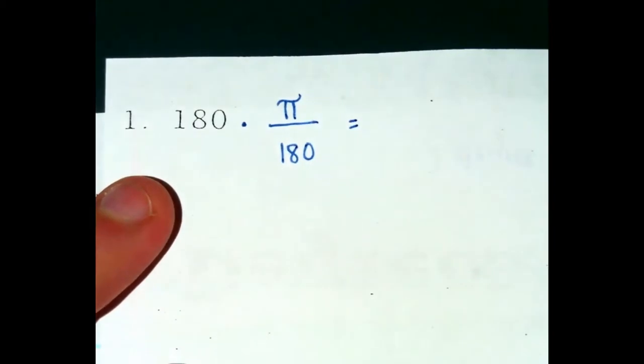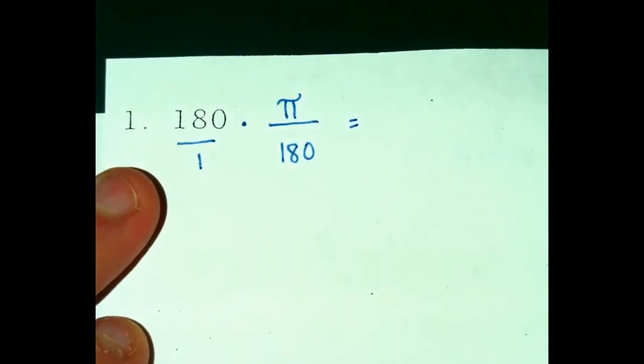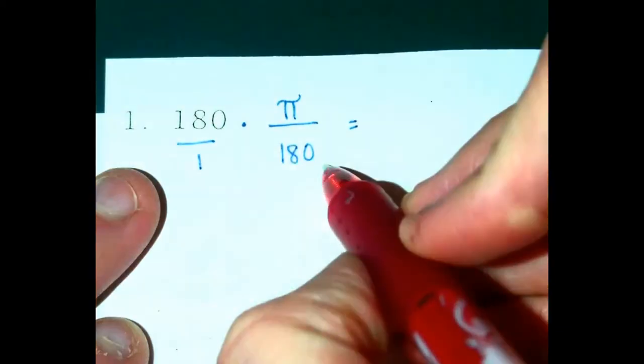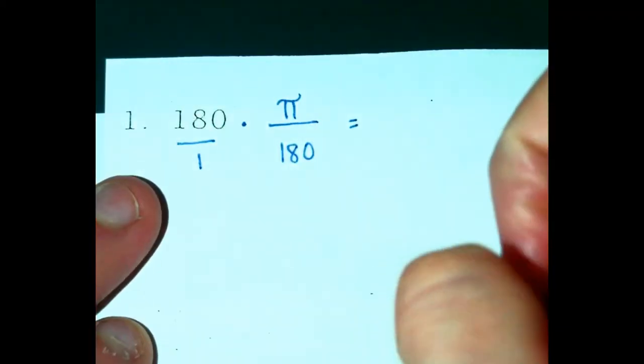So I'm literally going to take 180 degrees and multiply it by pi over 180. If you need to add a 1 underneath, that's fine. When you are multiplying, if you have the same number up top as you do below, what happens with those two?